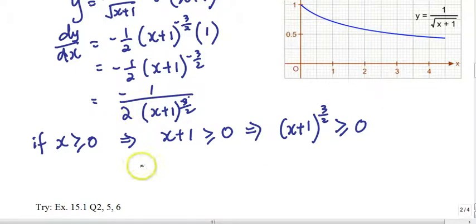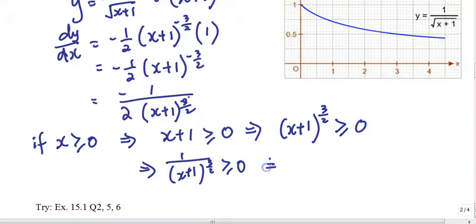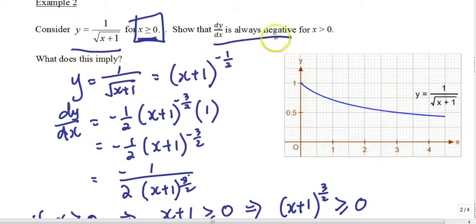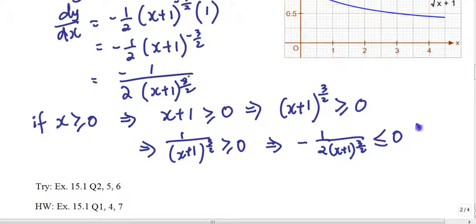And therefore, 1 over x plus 1 to the power of 3 over 2 is still positive. And if you multiply it by negative half, you find that what is always positive now becomes always negative. So you can see that dy over dx is always negative for x more than or equals to 0. You can actually put a shown over here already.